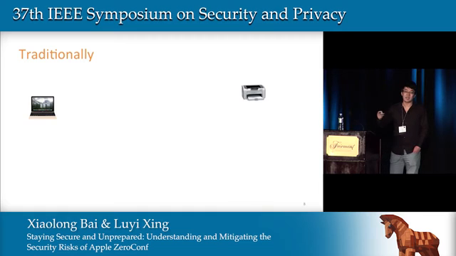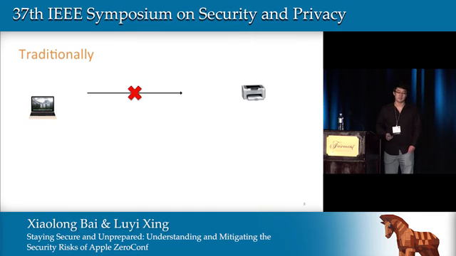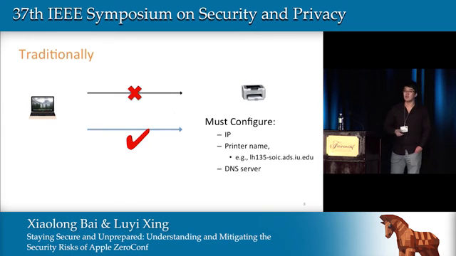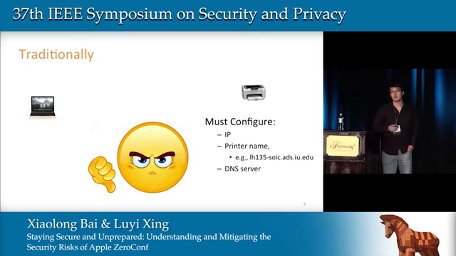So let's take a quick comparison with the traditional network that required configuration. In the network, even if you have a printer without configuration, you cannot connect to it. You have to configure the IP, the hostname, the DNS in order to connect.